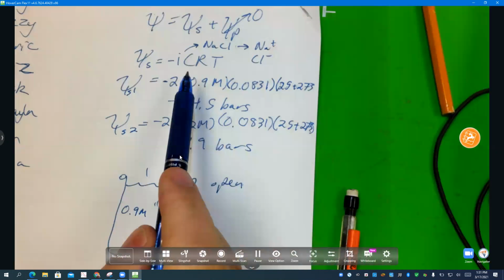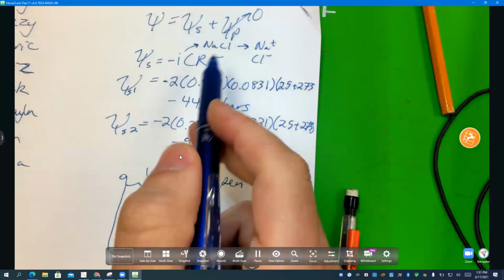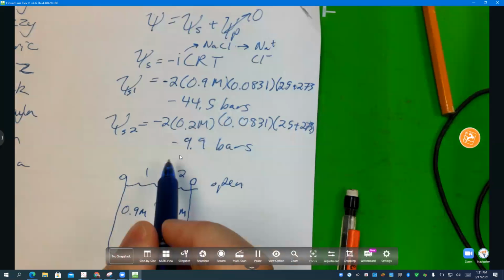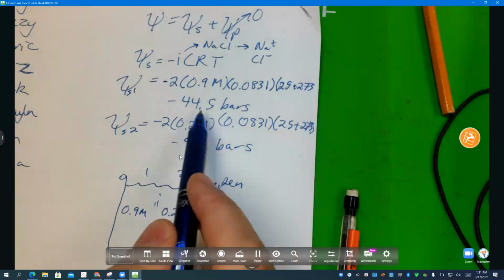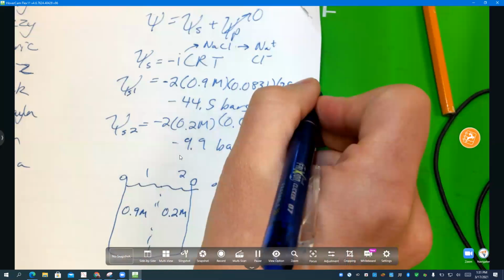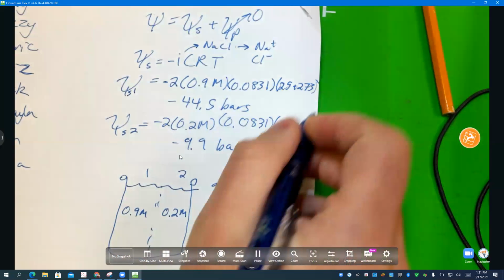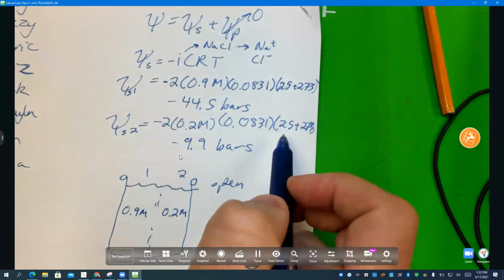The C is the concentration. So on side 1, it was 0.9 molar. In side 2, it was 0.2 molar. And then R was 0.0831. And then to figure out the temperature, you needed to convert to Kelvin. So it was 25 plus 273.